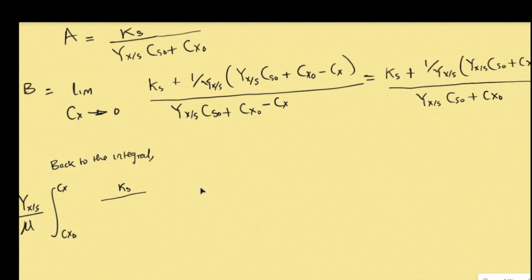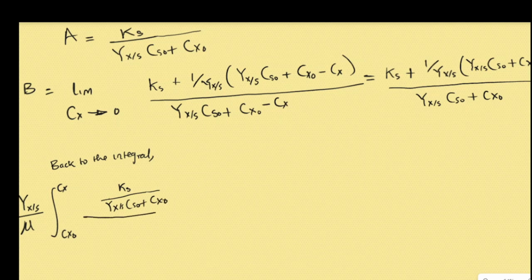So we're now going to get y x of s over mu integral from c x naught to c x. So for a, you got k s all over, what do we get for a? Remember, I got this, so let me just bring it down so that you can be seeing. k s all over y x of s c s naught plus c x naught.